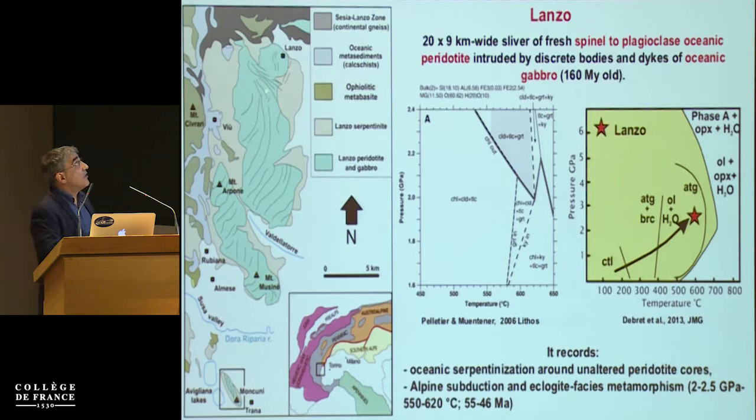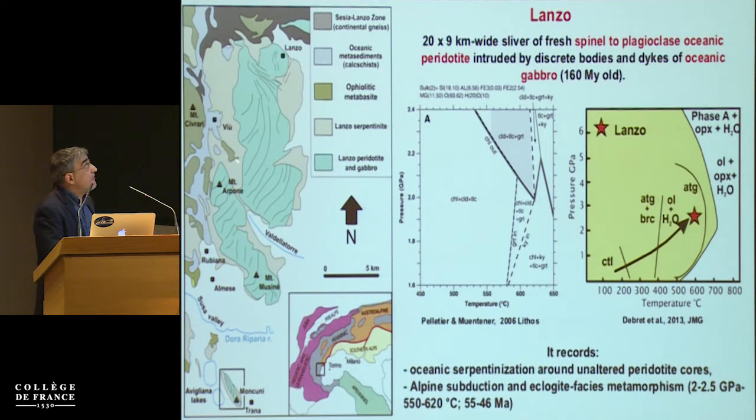So this foliation here on a regional scale is a mantle tectonite foliation that the rock acquired during the mantle evolution, during rifting, and its exposure close to the ocean floor during opening of the Jurassic Tethys. At that time, it was intruded by oceanic gabbros, 160 million years old, and then all of this oceanic lithosphere underwent interaction with ocean water that was heterogeneous.